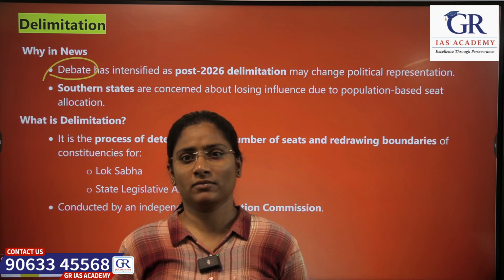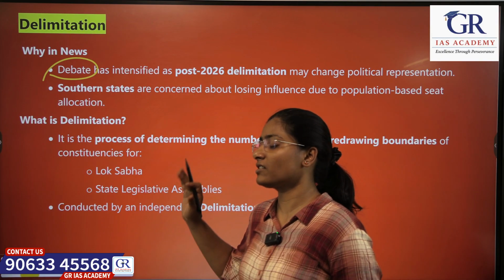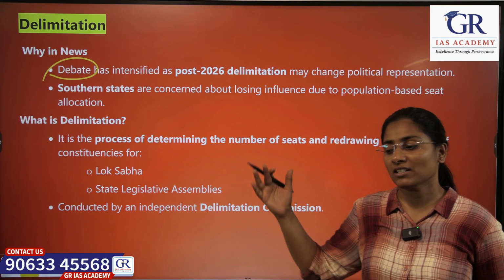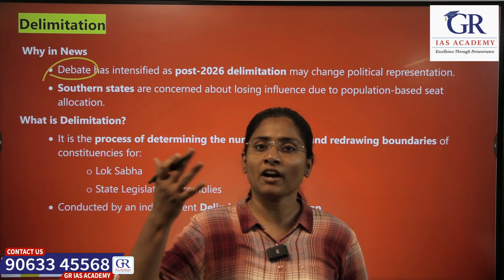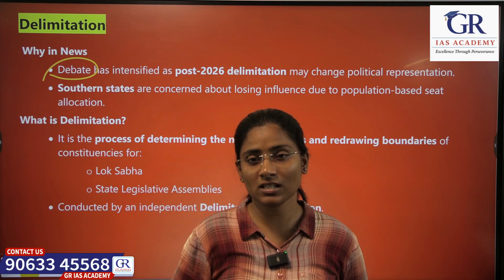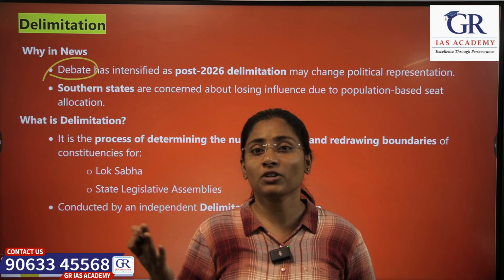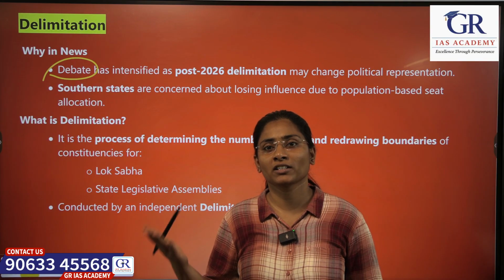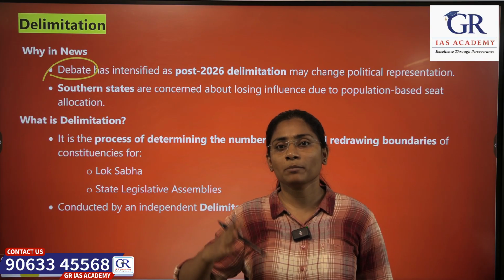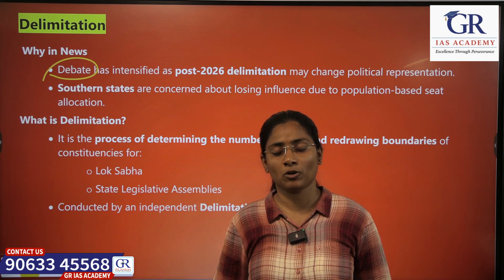So if census are revised and seats are allocated based on the population, the southern states which have taken measures to control the population get fewer seats when compared to the northern states, which have not performed better in controlling population.